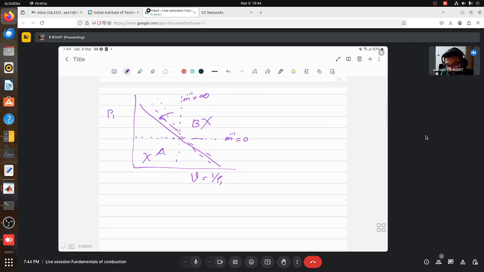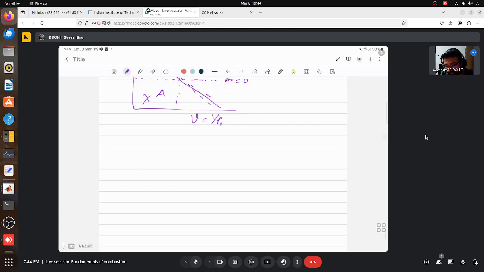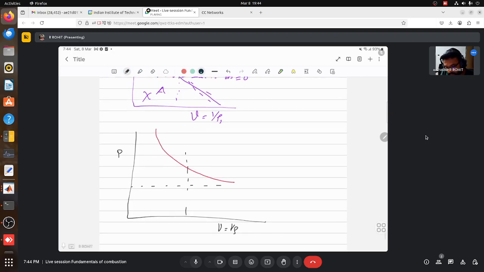Then once you have a Rayleigh line in your hand, you need to go with the Hugoniot relations, where you have pressure on the y-axis and specific volume, that is 1 by rho, on the x-axis, along with your Rayleigh line. So you have your Hugoniot curve like this, and your Rayleigh line becomes a tangent to this curve at this particular point.